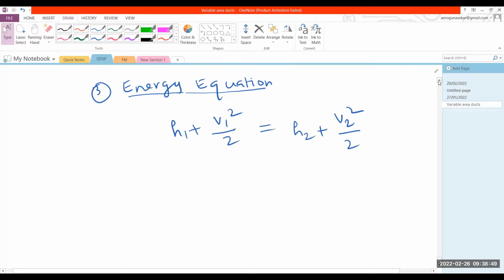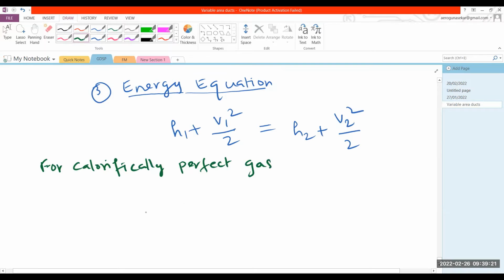Immediately, what you have to understand, make a note of it: if it is for a calorically perfect gas, what is the condition? Anyone say?